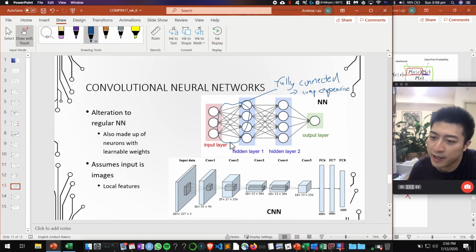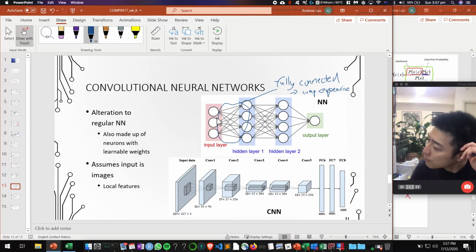Let's say you have a 1024 by 1024 image, so say a million pixels, and your input layer is a million, and then you have a few hidden layers, and you just multiply it all up. The number of weights just blows up, and it becomes difficult from a computational point of view.